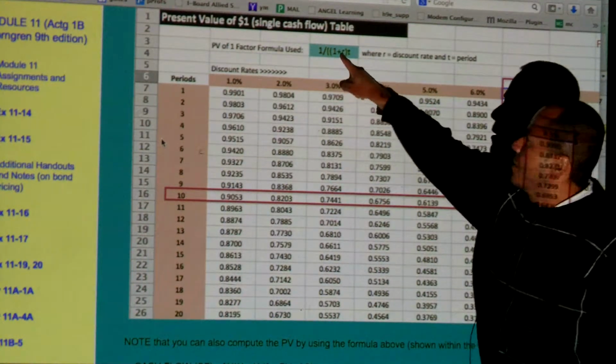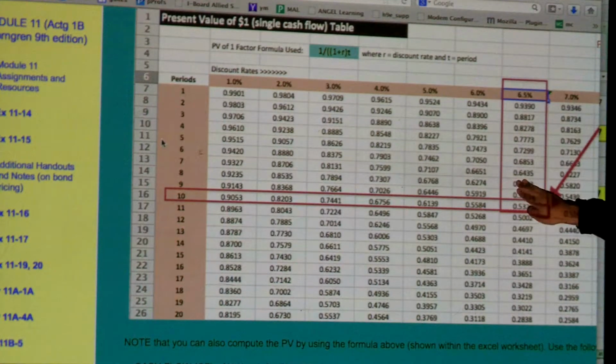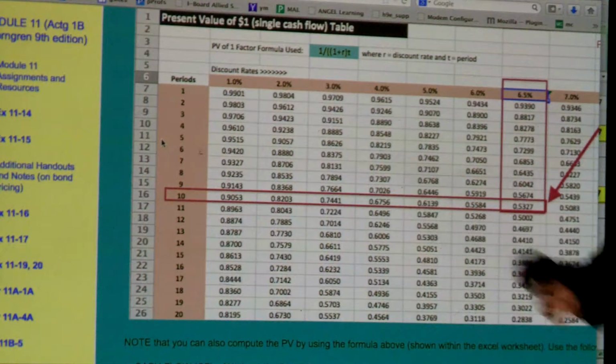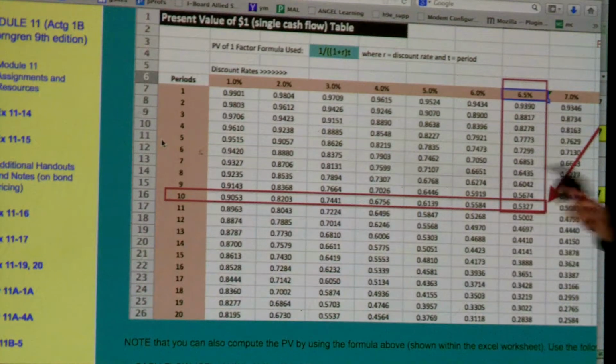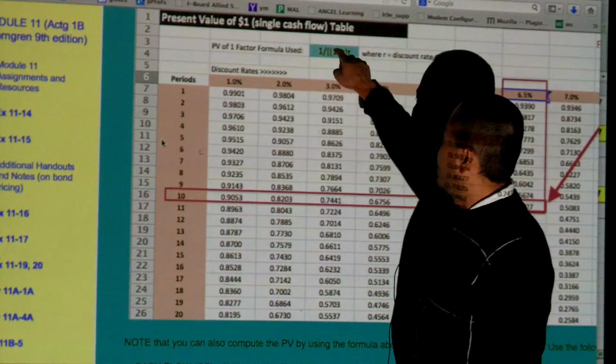It is based on this other formula here, 1 over (1 plus R) to the T. Again, R being interest rate and T being number of periods. R in this case will be 6.5% again, and T will be 10 periods. So you go down the 6.5% column, you go to row 10, and when they intersect, that provides you with the present value factor for the face amount. And again, you can always rely on the formula instead.